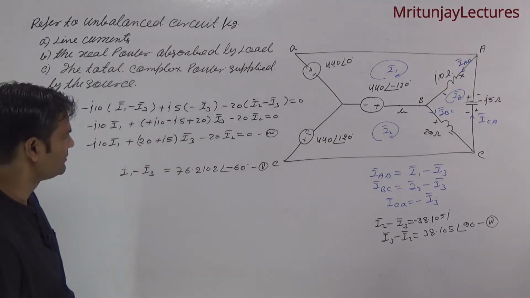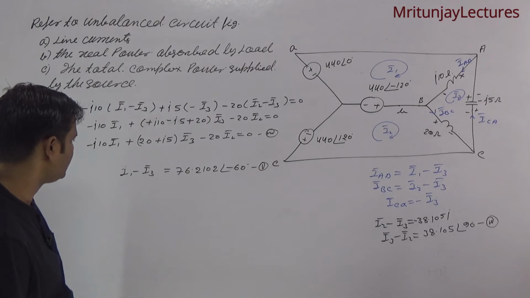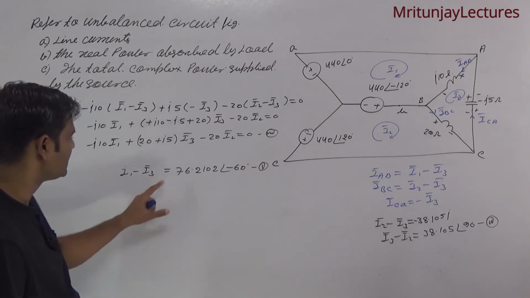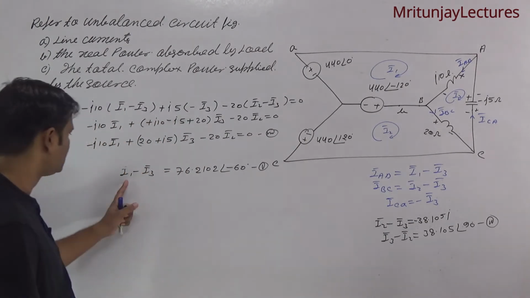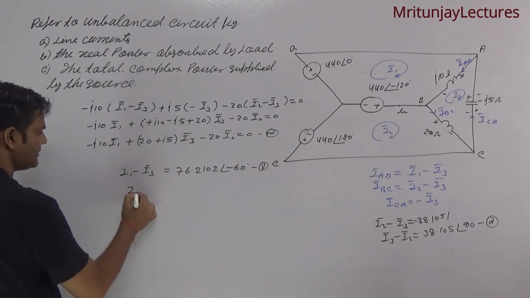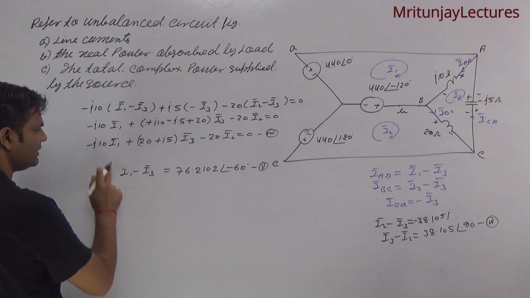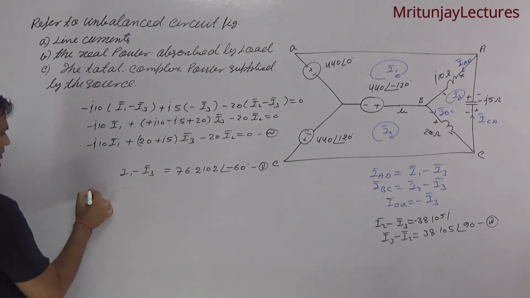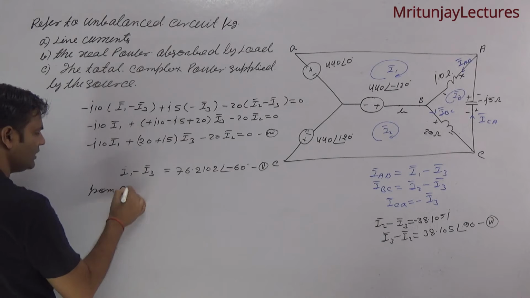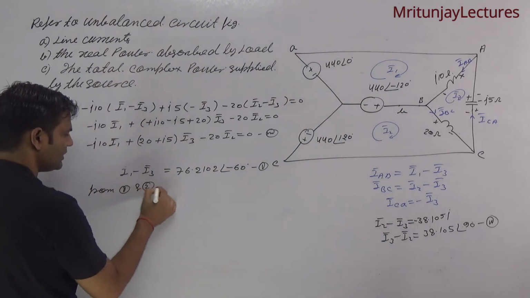Now, in equation number 1 and equation number 3, put I1 in terms of I3 and I2 in terms of I3, from equations 1, 2 and 3.